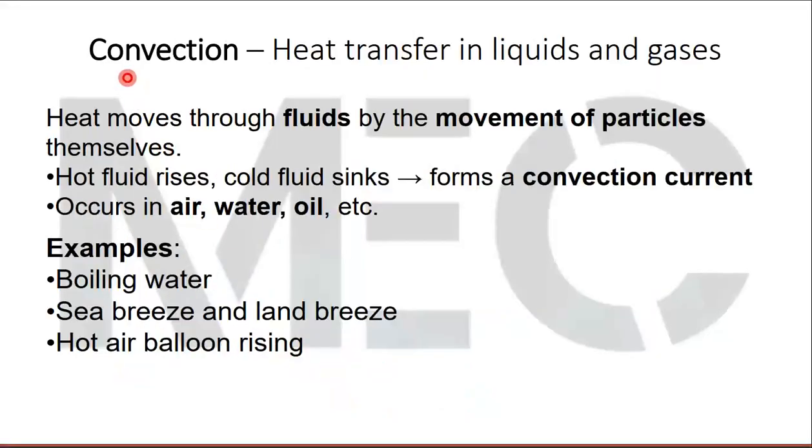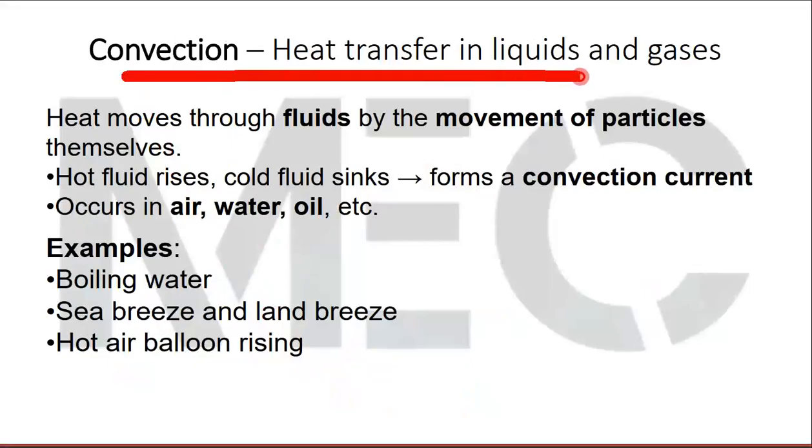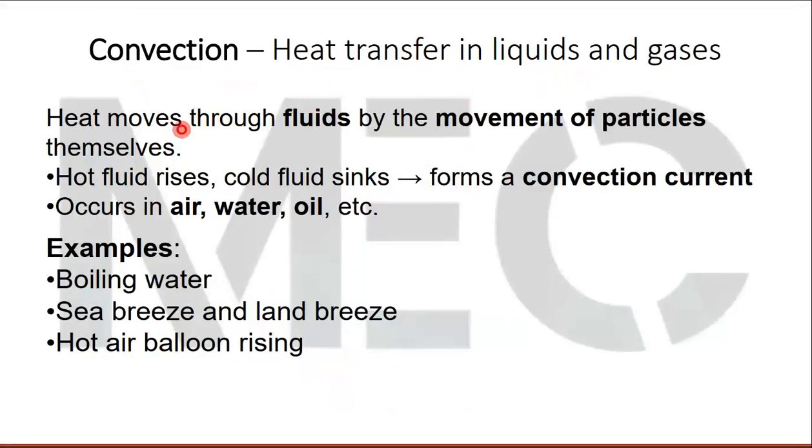Now we want to talk about convection. Heat transfer in liquids and gases. Heat moves through fluids by the movement of particles themselves. An example of convection is sea breeze or land breeze, or when you have a pot of water, you put it on heat and the water boils.